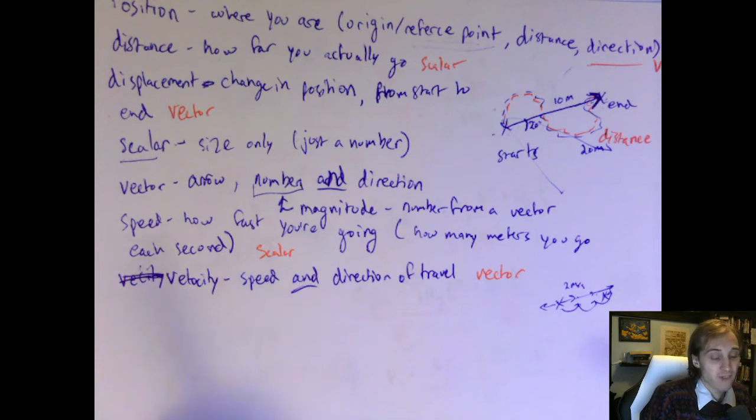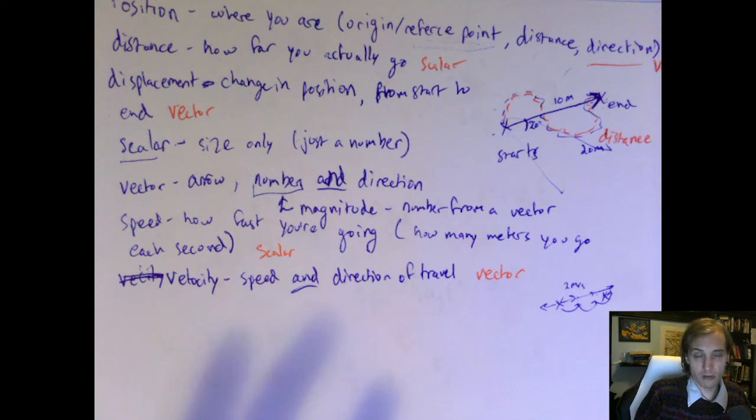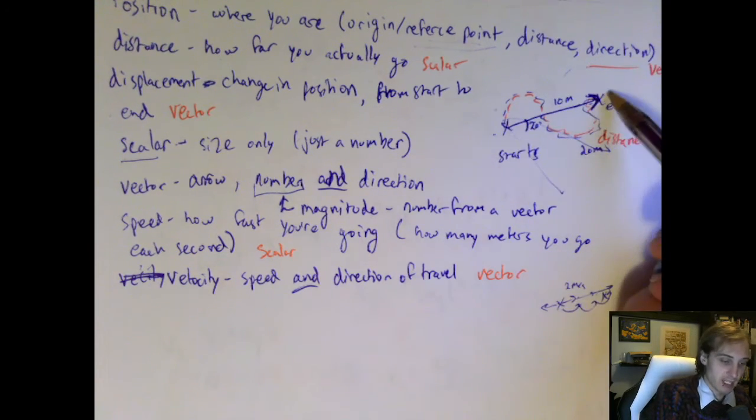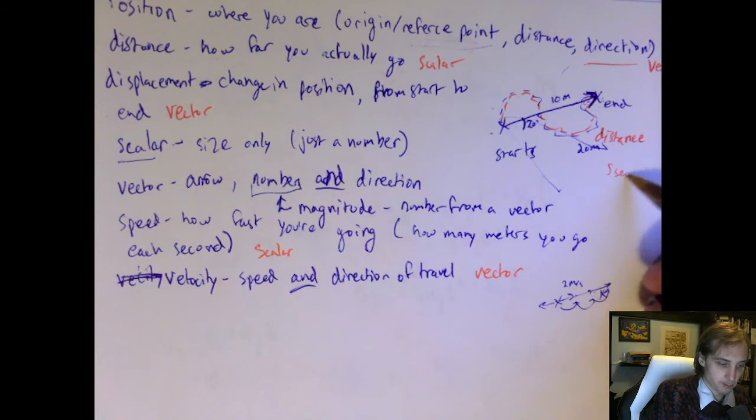Now, when you're trying to find these things over a given amount of time, so let's say that instead of saying what are we doing right now, like what's our speed at this moment or what's our velocity at this moment, which would be called instantaneous speed or instantaneous velocity, instead, let's say we're trying to figure out roughly what we did over a longer period. More directly, let's say I went from here to here and I know that the whole thing took 5 seconds.